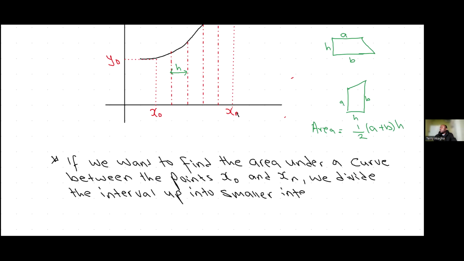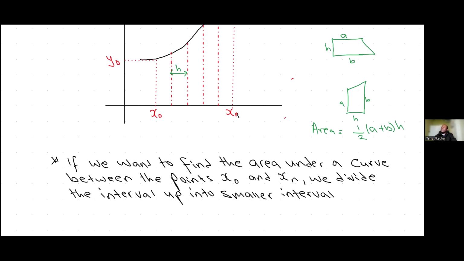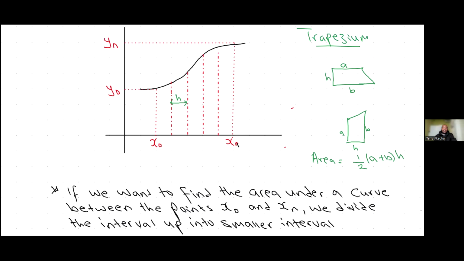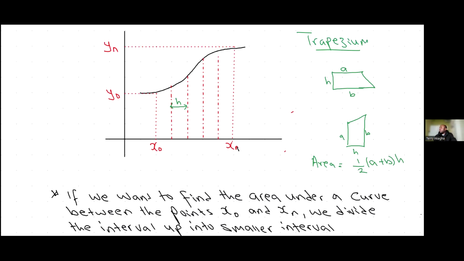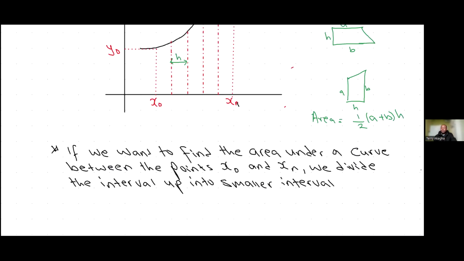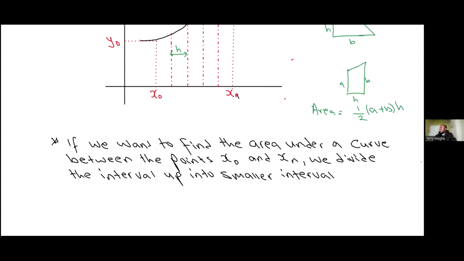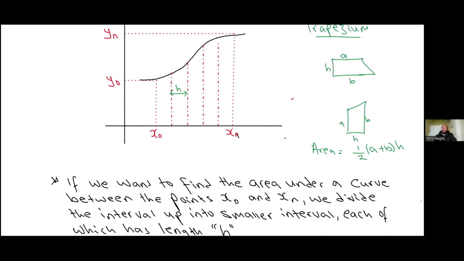As you can see, what I did, X0 to Xn, I divided into smaller intervals, each of them having its own length, each of which has length h. So the length of each of the intervals is h, as you can see from that.